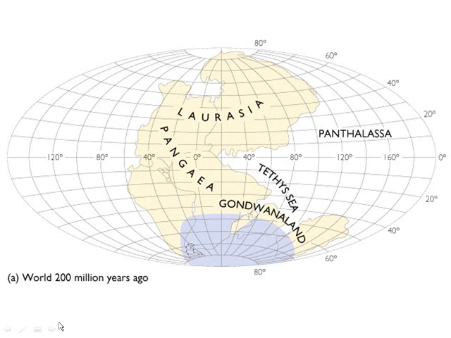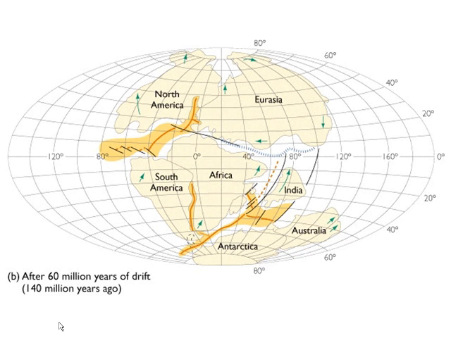So what scientists have kind of pieced together in time is that we have this supercontinent 200 million years ago that has Laurasia, Pangaea, and Gondwanaland, and then we see the oceans as well. So we have this great big continent that was all stuck together.